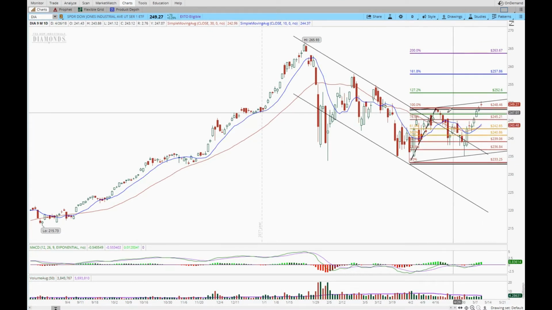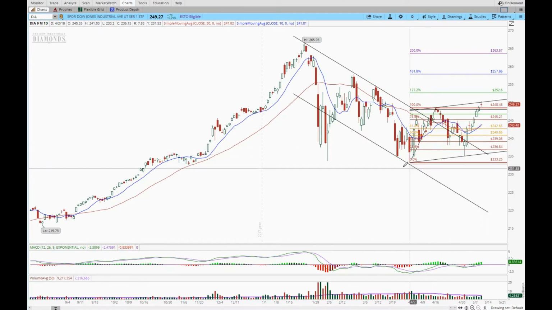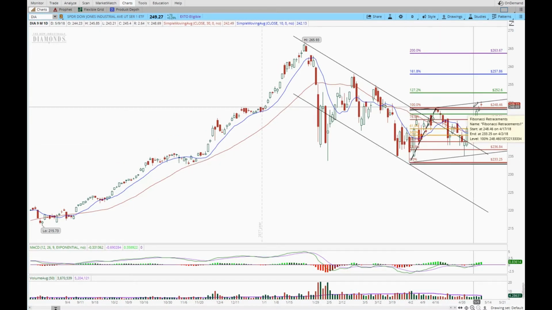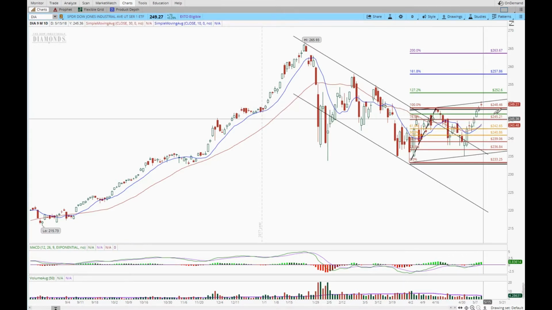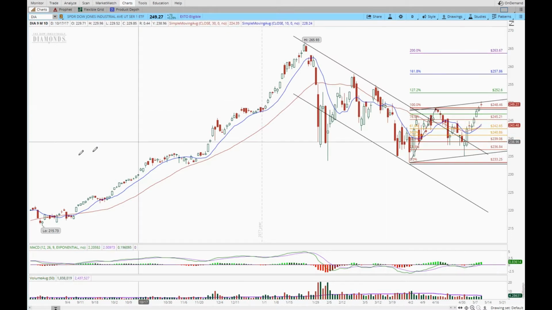Diamonds, also another interesting chart here. So it also broke resistance to the upside. So it moved up today above the 248.46.